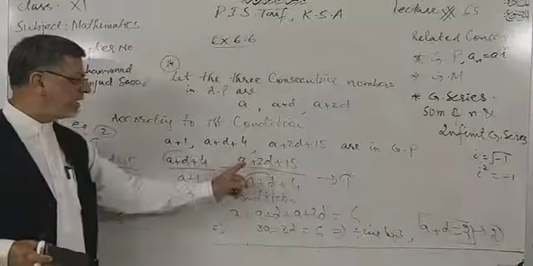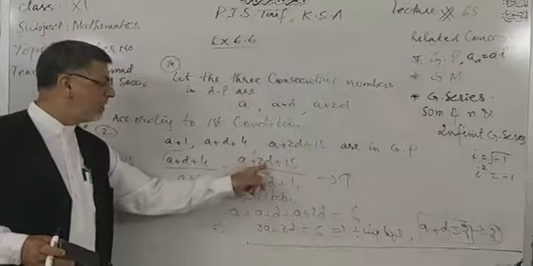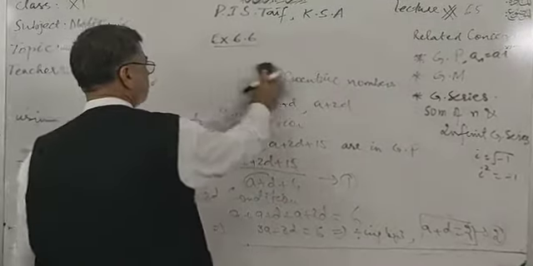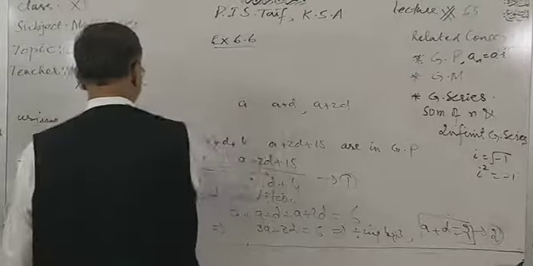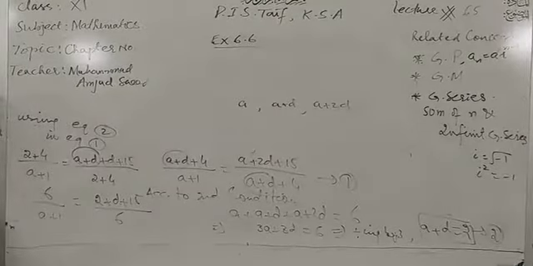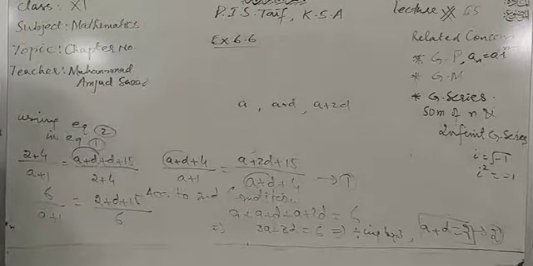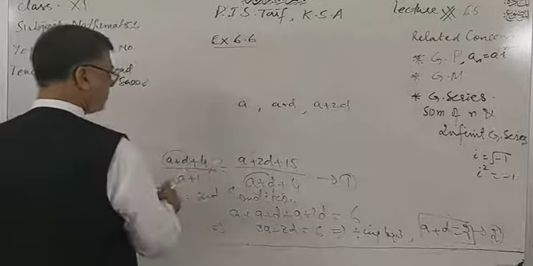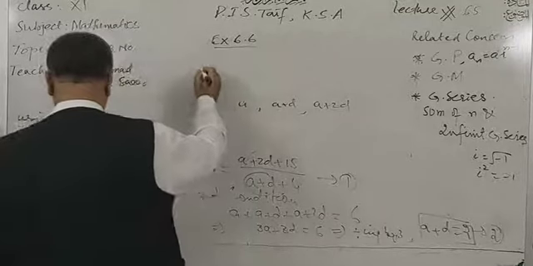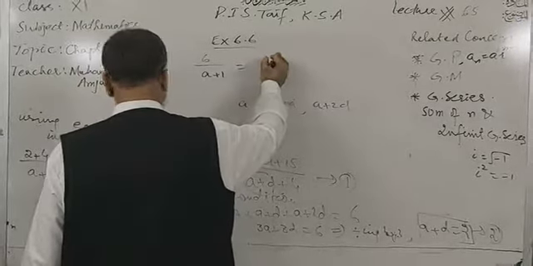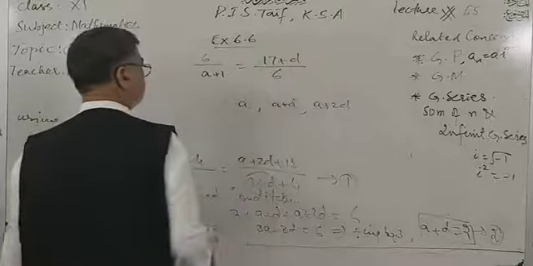It was A plus 2D. You can write A plus D plus D, breaking down 2D as D plus D so that we can use the value of A plus D. By cross multiplying, second over first, here was 6 over A plus 1 is equal to 17 plus D over 6.